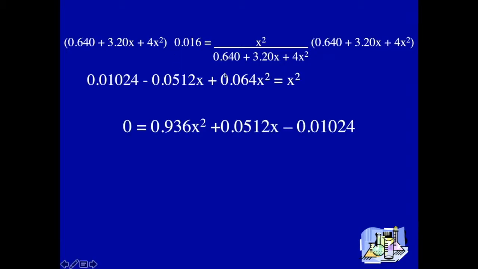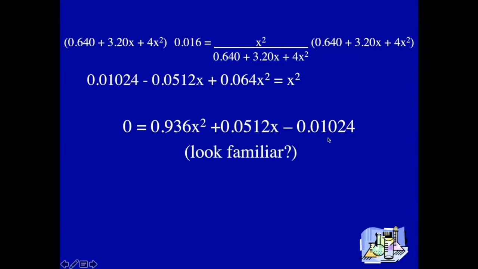Now I move all of my numbers over by subtracting in order to actually take care of the 2x squareds on either side. I'm going to subtract this from x squared, or 1x. So I subtract this over, get a positive number, subtract this over, get a negative number. 0 equals something x squared, something x, something with a number.